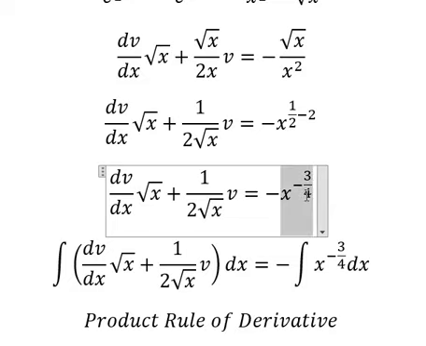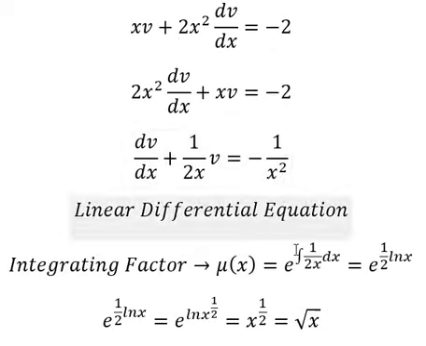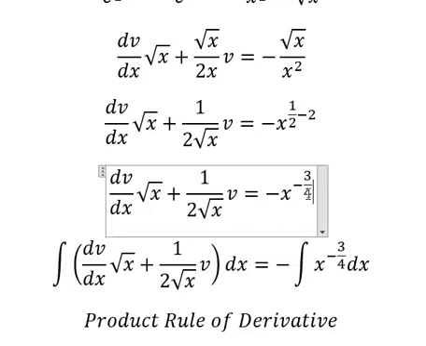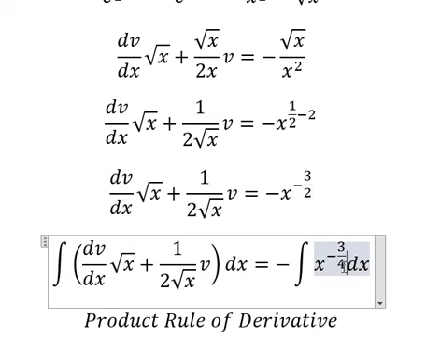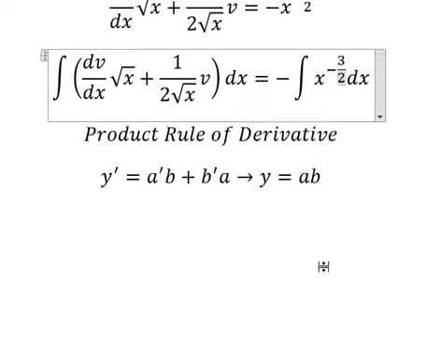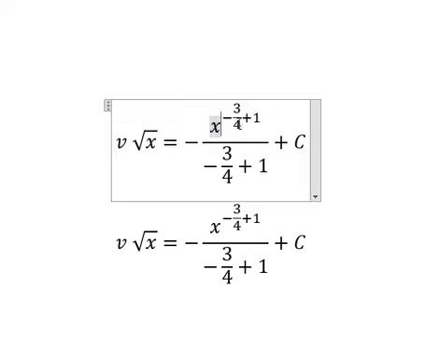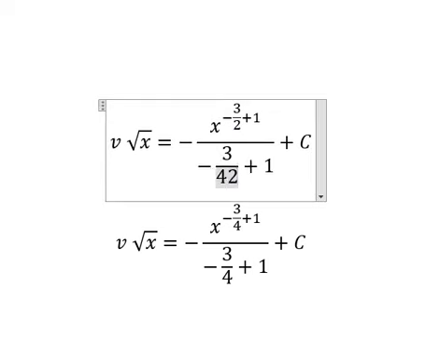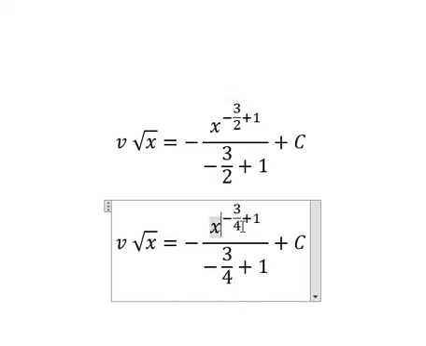I just made a mistake. So this one we have negative 1 over 2.